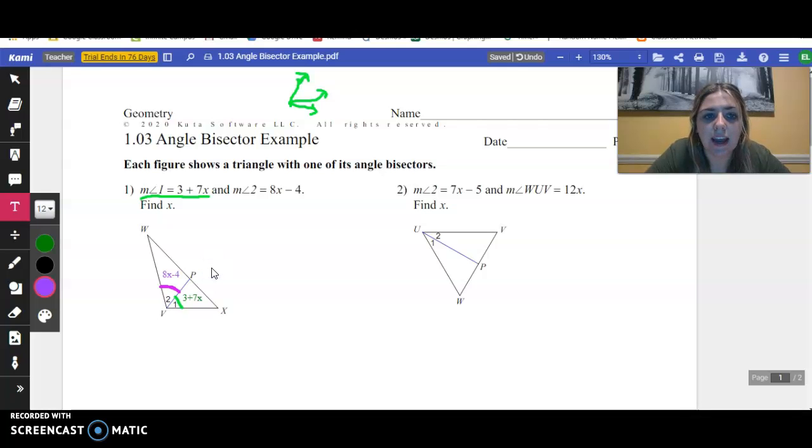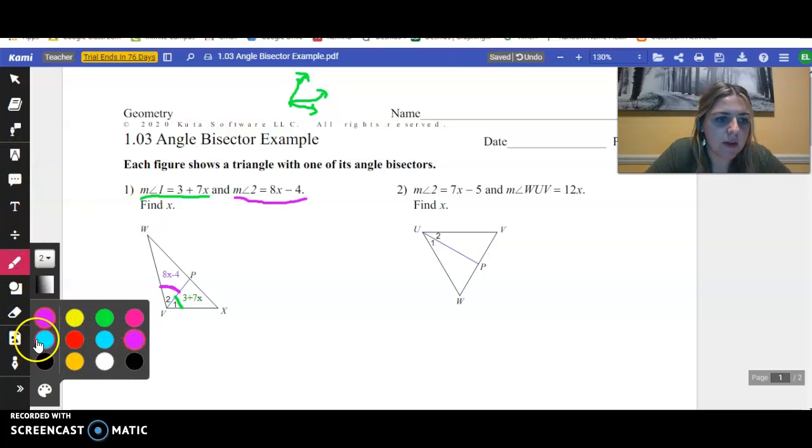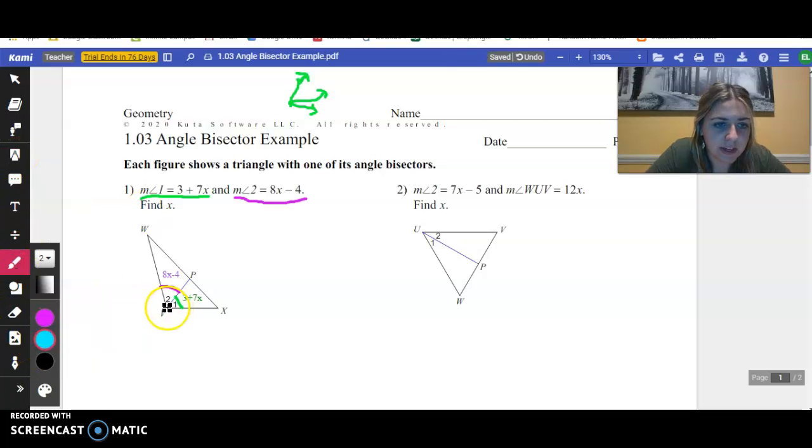The first thing I have to think of is how are angle 1 and angle 2 related? Because I know that this right here, ray VP, is an angle bisector.